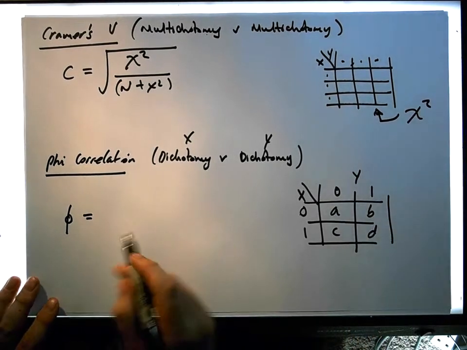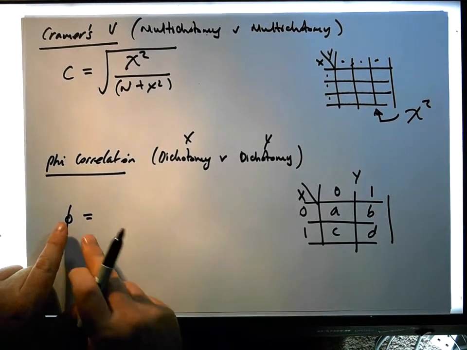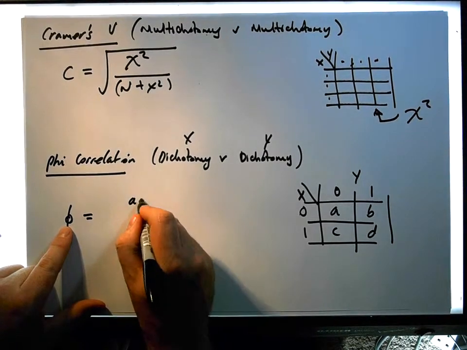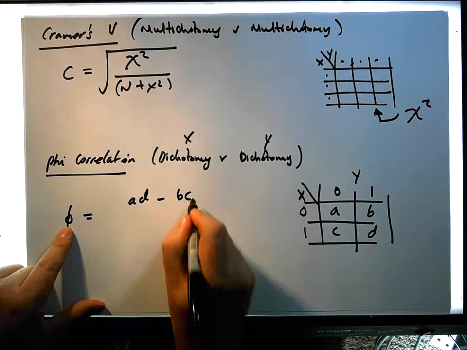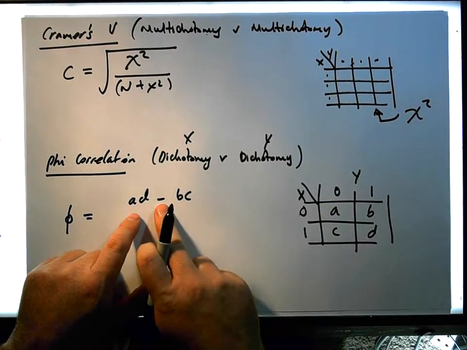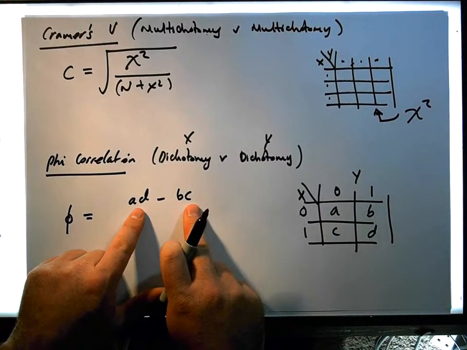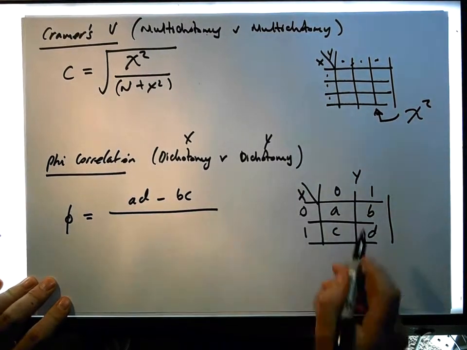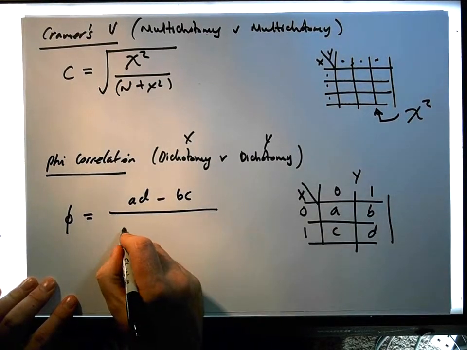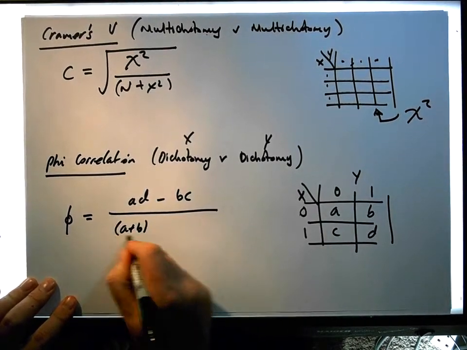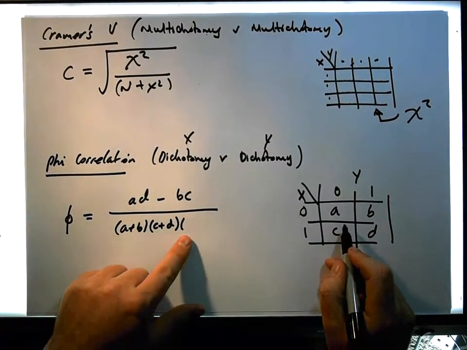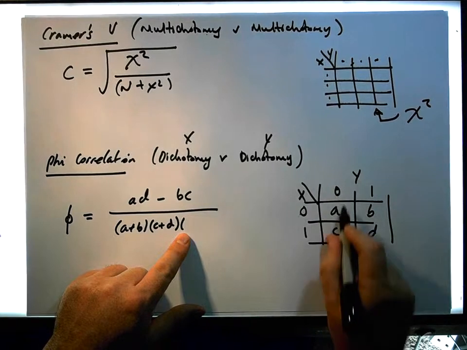Okay, so that gives us our phi correlation, which is effectively AD minus BC. So it's the difference in the product of the frequencies along the diagonals, divided by the product of the sums of the frequencies on the rows, A plus B times C plus D, times the product of the sums of the frequencies on the columns.